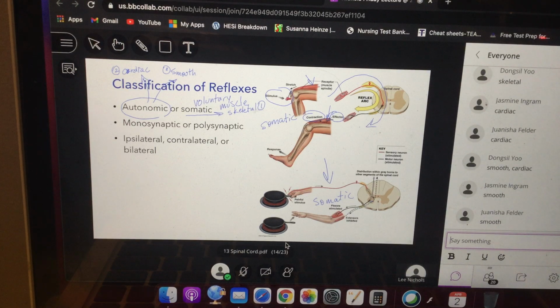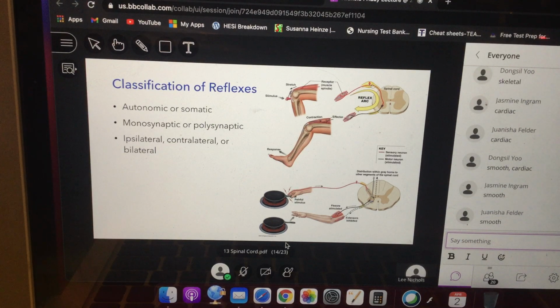Another way of classifying them is, I'm going to clear all this out of the way so we can see our drawings because I've got two examples here: does the reflex pathway consist of one synapse or many synapses? Take a look at this one over here in the upper right. We've got one sensory receptor. Its axon goes through the dorsal root.